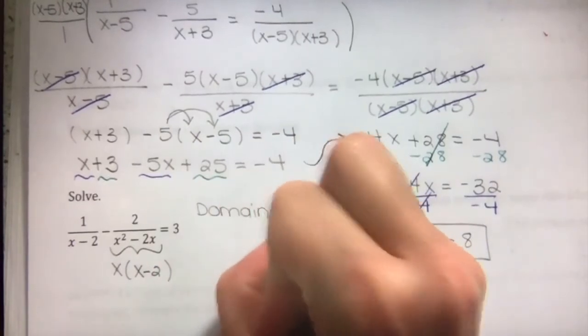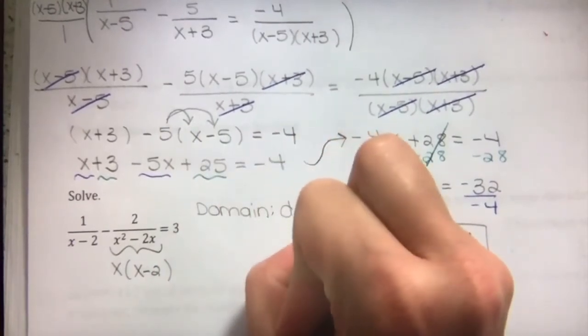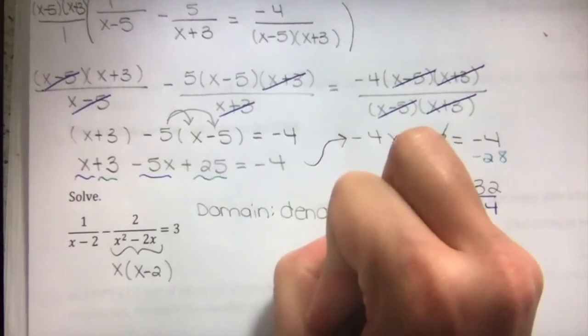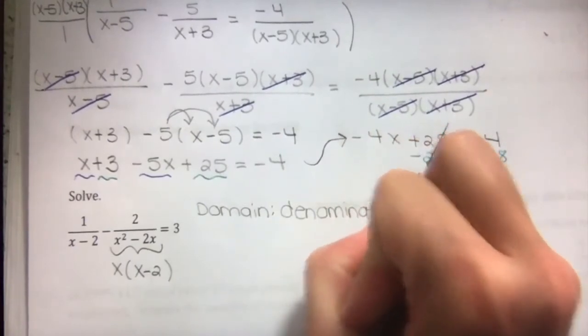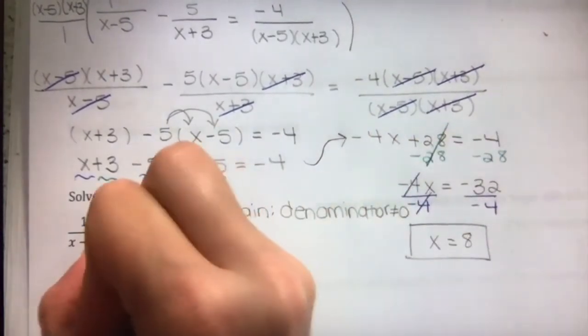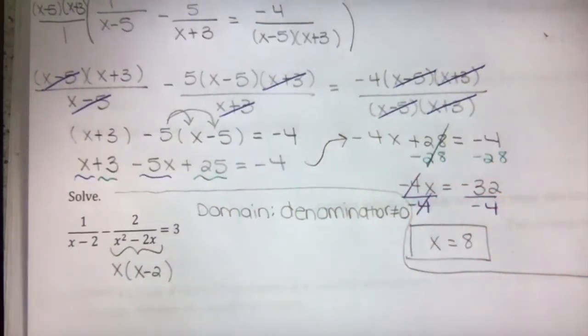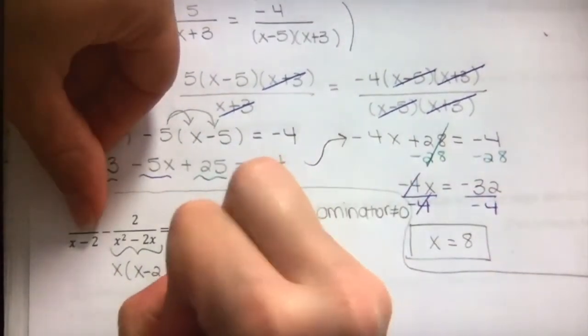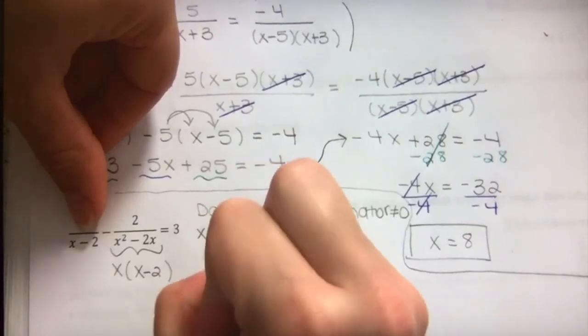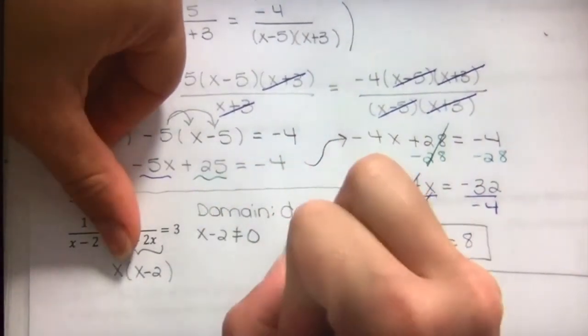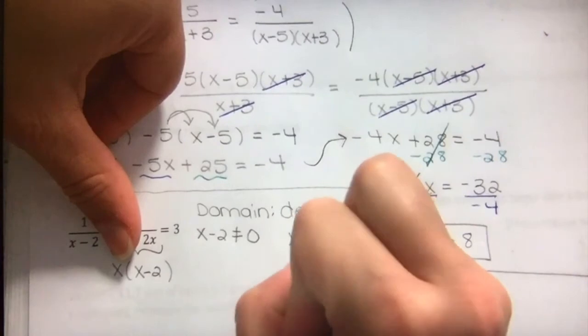So first, finding our domain. We know that our denominator cannot equal 0. So x - 2 is our first denominator. That cannot equal 0. Then we have x cannot equal 0.